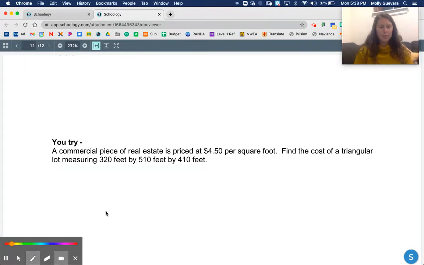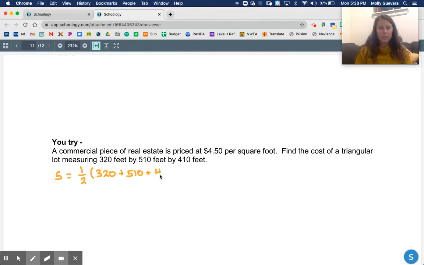Okay, so let's review it. Hopefully you started with finding s, right? Because I need to find the area. So s is 1/2 times 320 plus 510 plus 410. So hopefully we got that s was 620 feet.